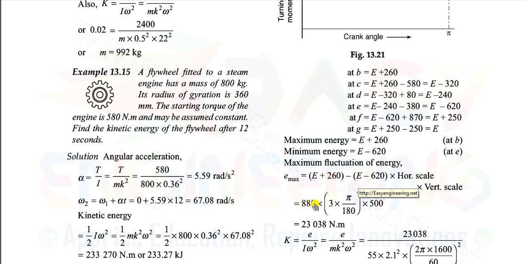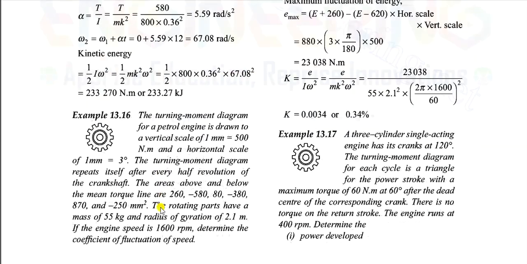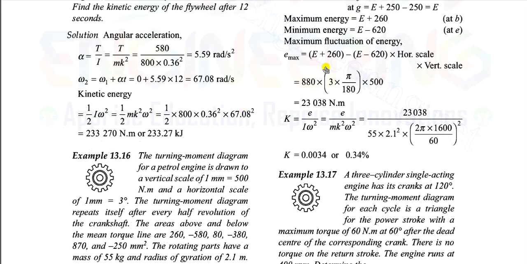So mm square, I can write as 1 mm into 1 mm. Now this is 1 mm on the horizontal scale and 1 mm on the vertical scale. So you have to descale it. We know that 1 mm on the horizontal scale shows 3 degrees, but we need radian, so 3 into pi by 180.